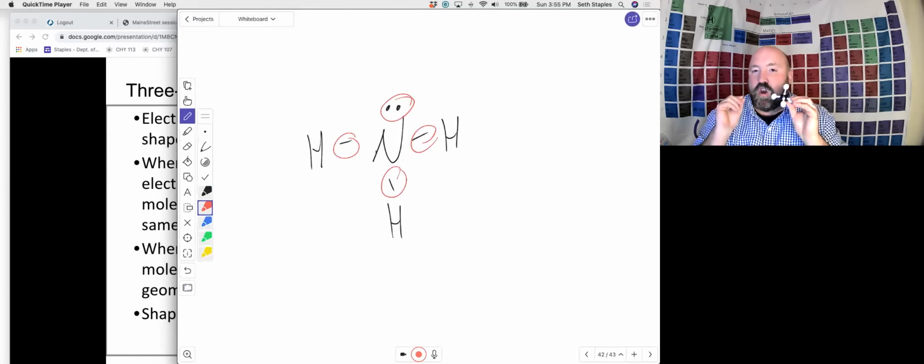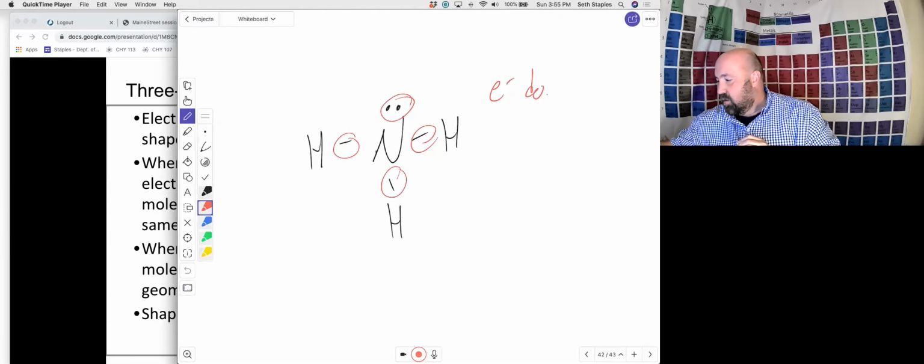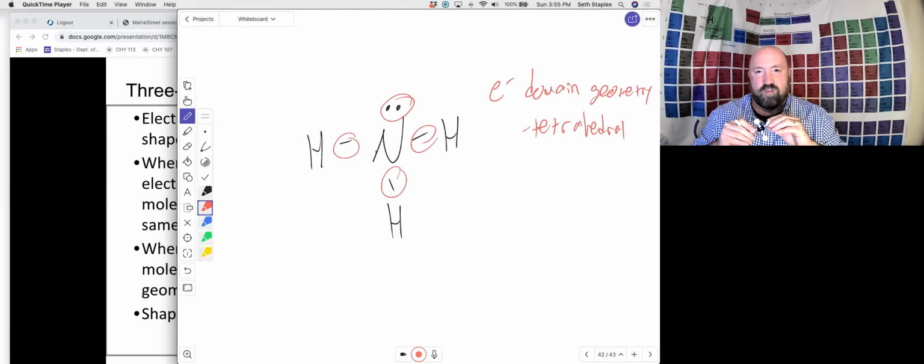However, not all of those electron groups are bonding groups. And so the electron domain geometry in an example like this is tetrahedral, that word that I used earlier, and we're going to look at this terminology a little bit deeper in a second. But the actual molecular geometry is how the atoms are arranged. And so electron domain geometry is how all of the electron groups are arranged around the central atom.